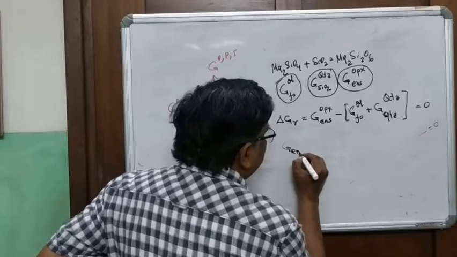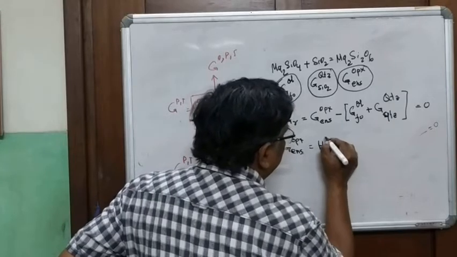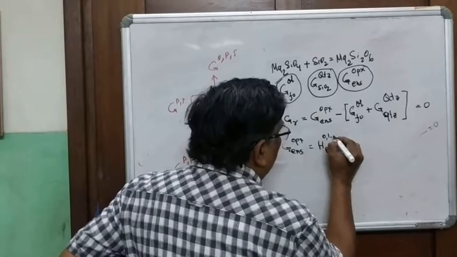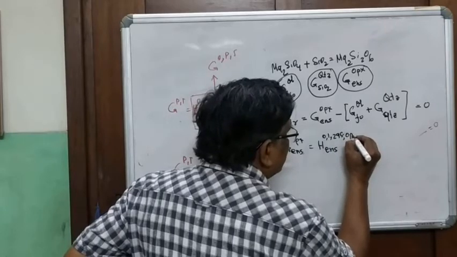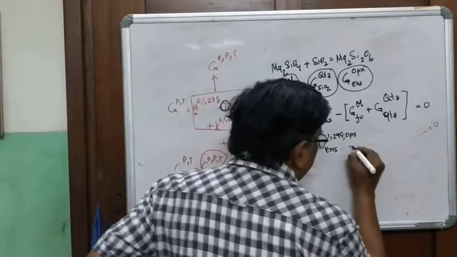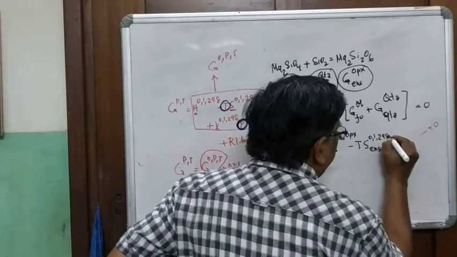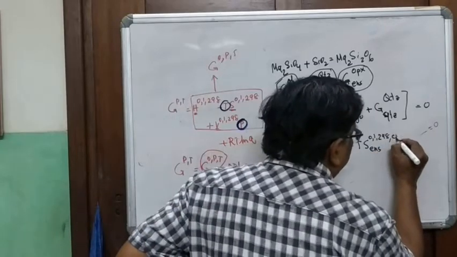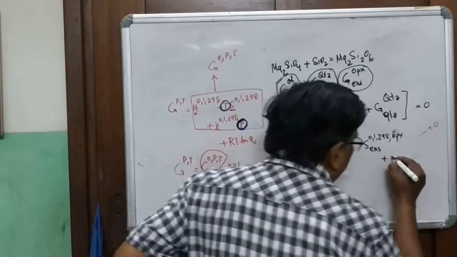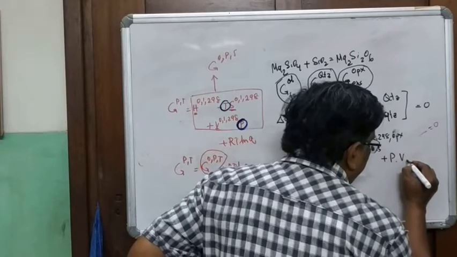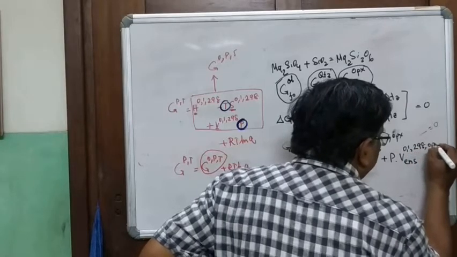So G enstatite OPX will be equal to H enstatite 0 1 298 OPX minus TS enstatite 0 1 298 OPX plus P into V enstatite 0 1 298 OPX.